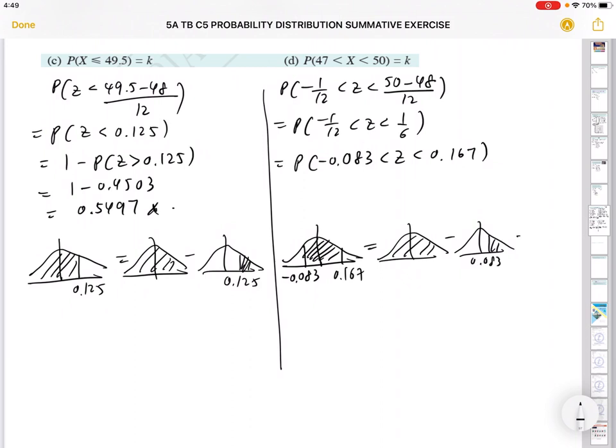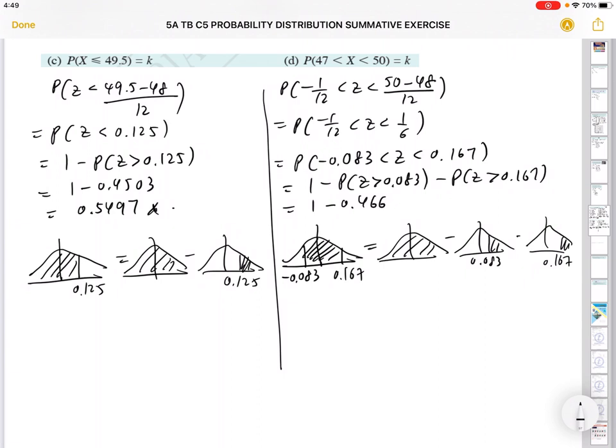So we can write this as 1 minus P(Z greater than 0.083) minus P(Z more than 0.167). Use your mathematical table. I got 0.4668, 0.4337, and 0.0995. By the way, you can also do this directly using the calculator. If you don't want to use the mathematical table, you type in the calculator 3 decimal points, and your answer will be the same as using the mathematical table.